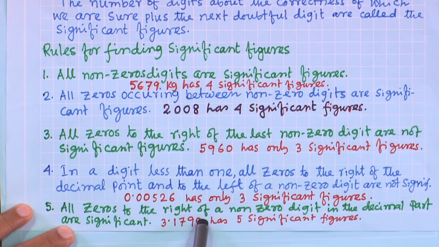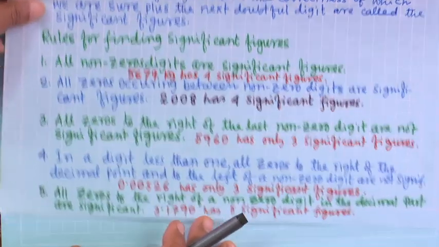This 0 is to the right of a non-zero digit in the decimal part, so this 0 will be taken as a significant digit, and in this case there are 5 significant figures. So this is the rule for writing significant figures.